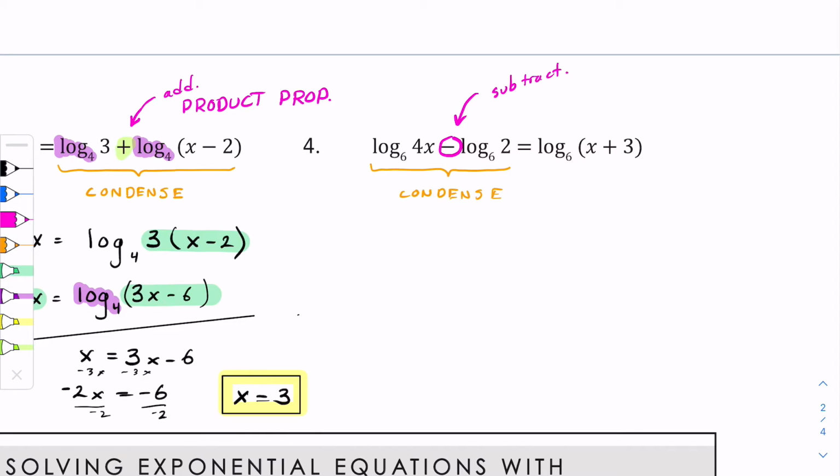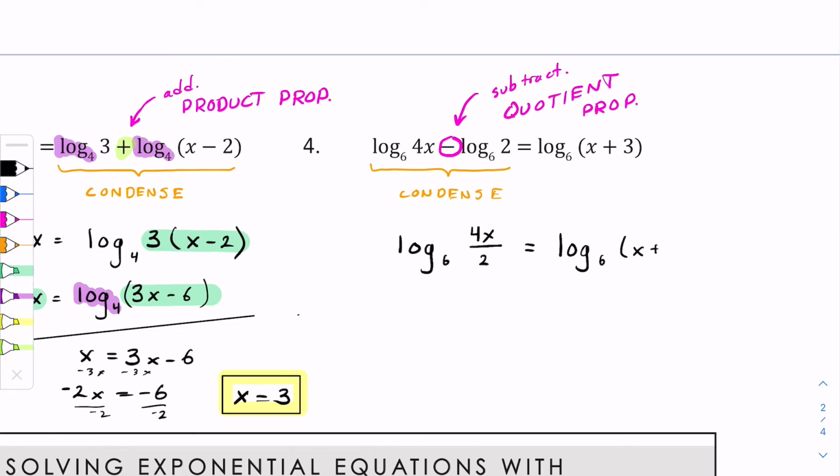This is subtraction, which is paired with the quotient property. When I condense this, I have log base 6 of 4x divided by 2. The quotient property pairs subtraction with division. This is equal to log base 6 of x plus 3.